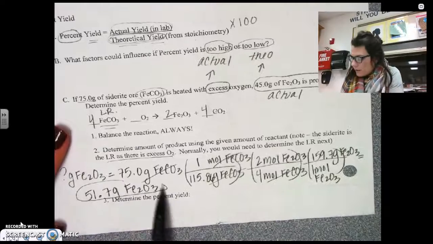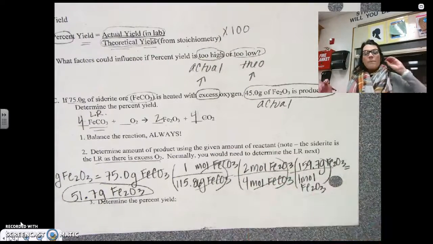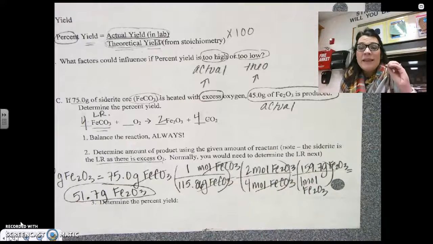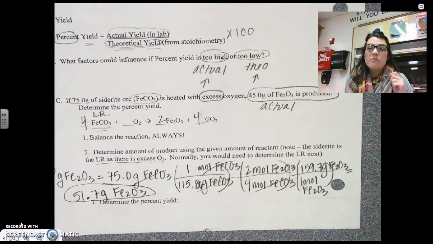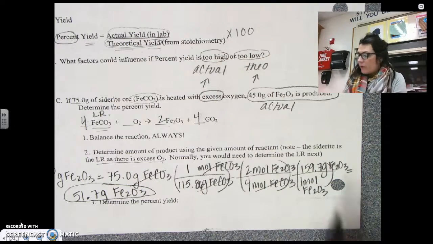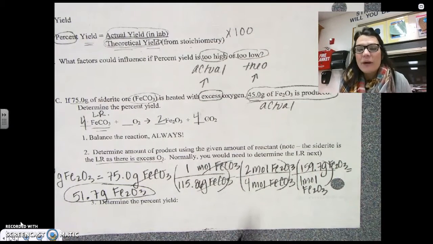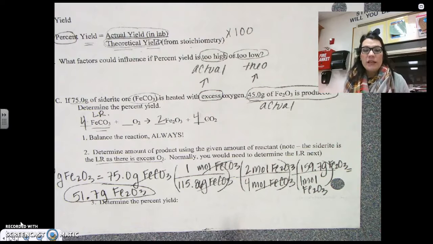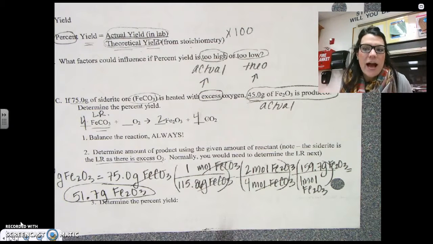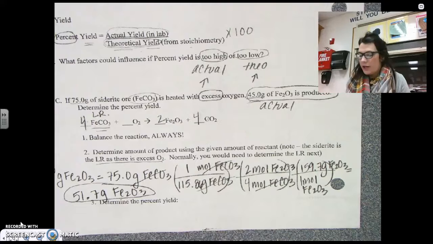Okay. All right. Now, the math is telling me, theoretically, from this chemical reaction, I should make 51.7 grams of Fe2O3. But the problem is telling me I only made 45. So I actually need to do a percent yield here to see how much I actually created from what I should have created.